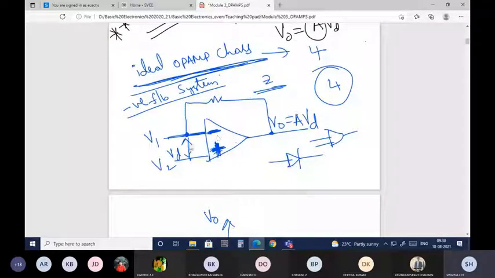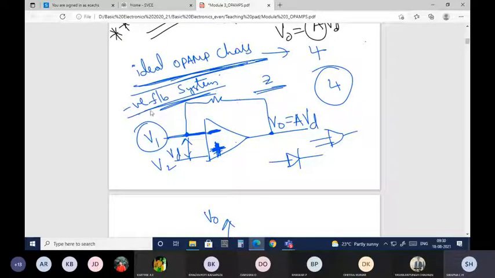If you connect it in this way, it is said to be negative feedback. Why do we call it negative feedback? Here V1 is there, and along with that, V0 is fed back. Both signals get subtracted when you give it to the inverting terminal.